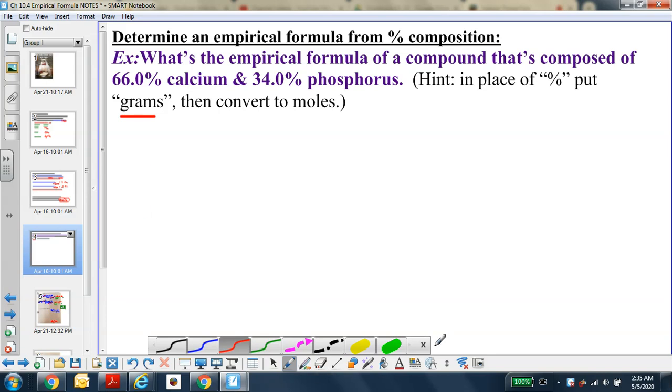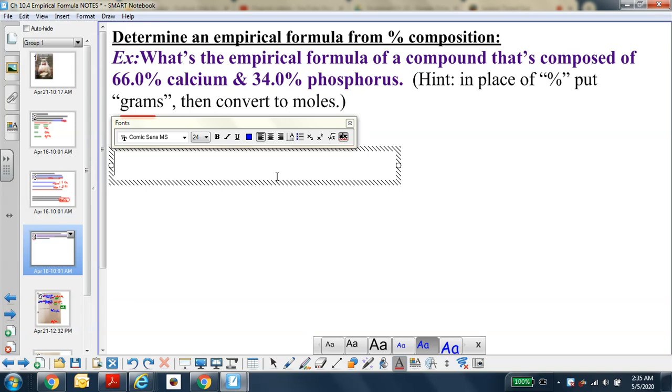So let's see. Okay, so 66.0, instead of percent, I'll use gram, calcium, and I'm going to convert it to moles.